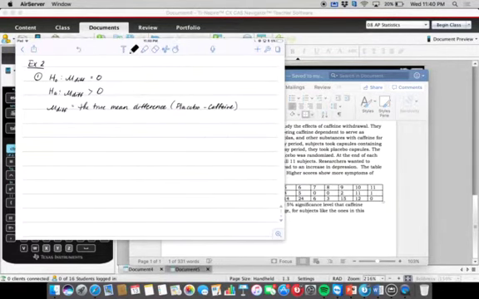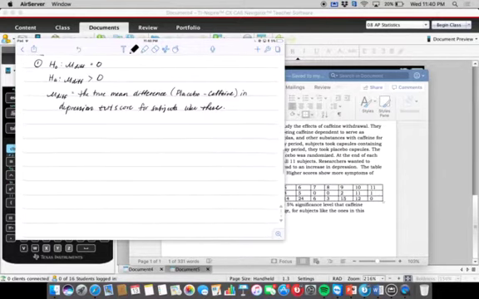The true mean difference in depression test score for subjects like these. So there's our step 1.